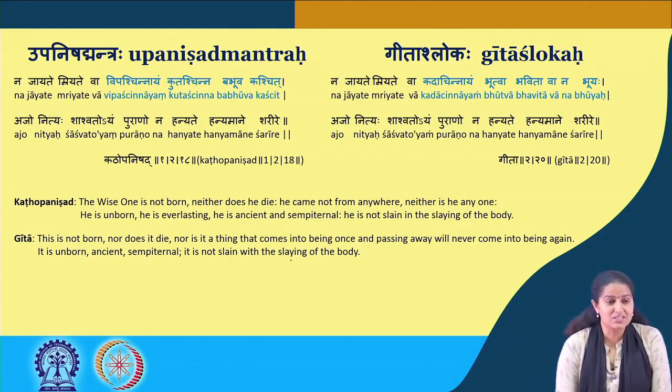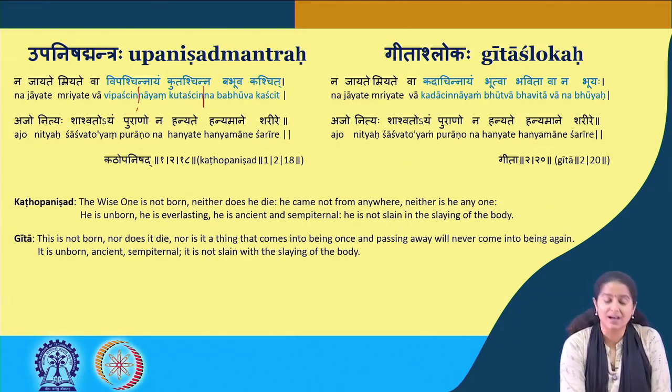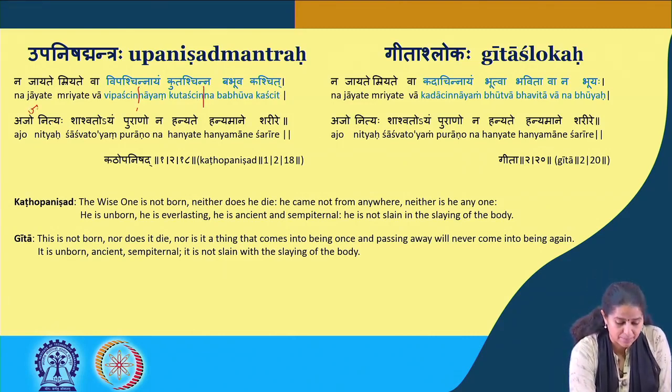And let's just look at the verse once. Let's do a meaning here. Na jayate mriyate va vipaschin. So here you have a break there. Nayam kutaschin na. So again there is kutaschin na babhuva kaschit. Ajo nityaha is ajaha plus nityaha.